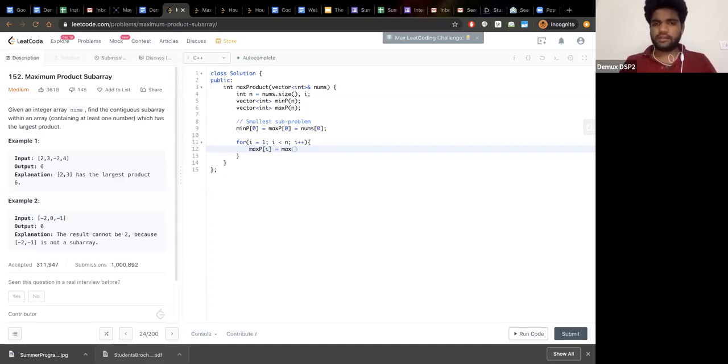It is the max of whatever you get from nums of i and max of, or let's store it in a temporary variable, max of nums i into max p of i, nums i into min p of i.